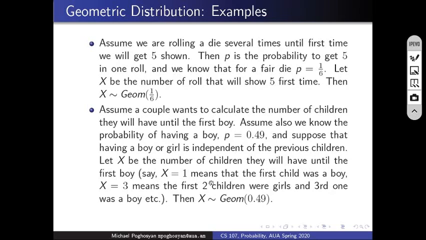X is 3 means that the first 2 children were girls and the third one was a boy, etc. So X is showing the number of children until having the first boy. Having a boy is our success in this case, success probability 0.49. So X is geometric with probability 0.49. And this completely describes the PMF of X, and we can calculate probabilities concerning X using the PMF.